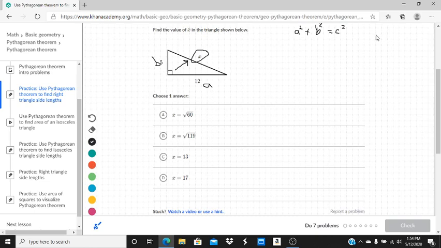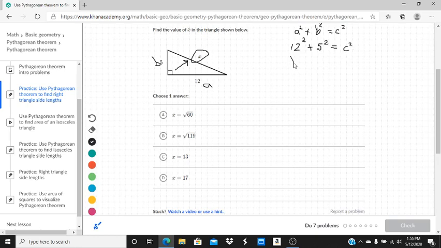Okay, so let's just start off. I'll use 12 as a, so I'm going to say 12 squared plus 5 squared equals c squared.